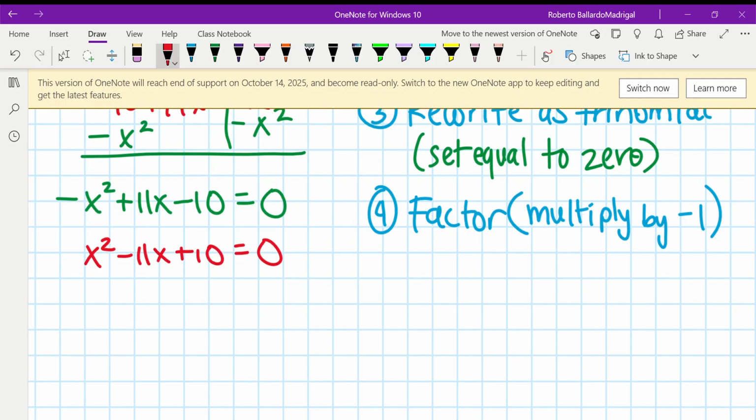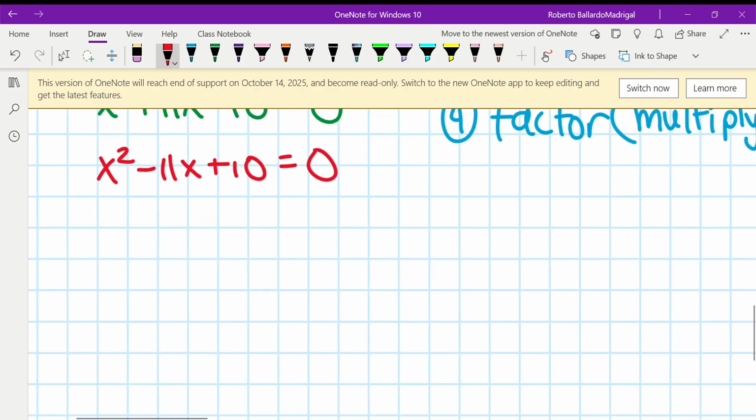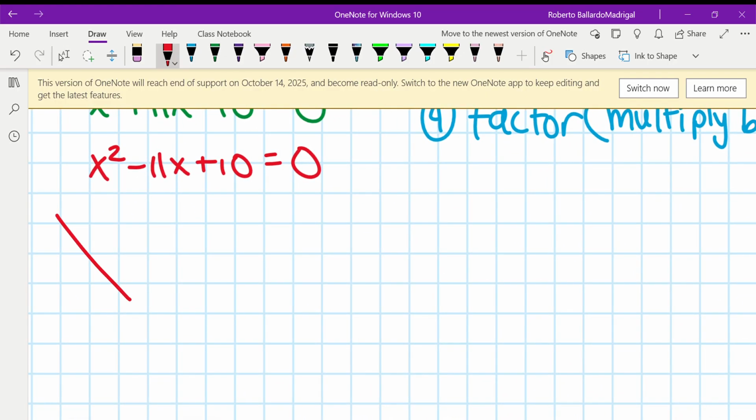So now we can continue factoring. This is a basic trinomial. It's not much to it. We're going to go ahead and factor this with the giant X. So we throw a 10 in the top, negative 11 in the bottom. And we're looking for two numbers that multiply to positive 10 and add to negative 11. Because our product is positive and our sum is negative, that means both numbers will be negative.